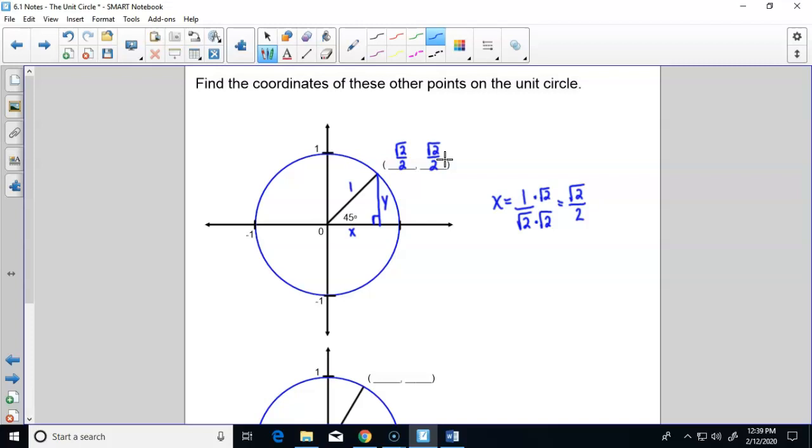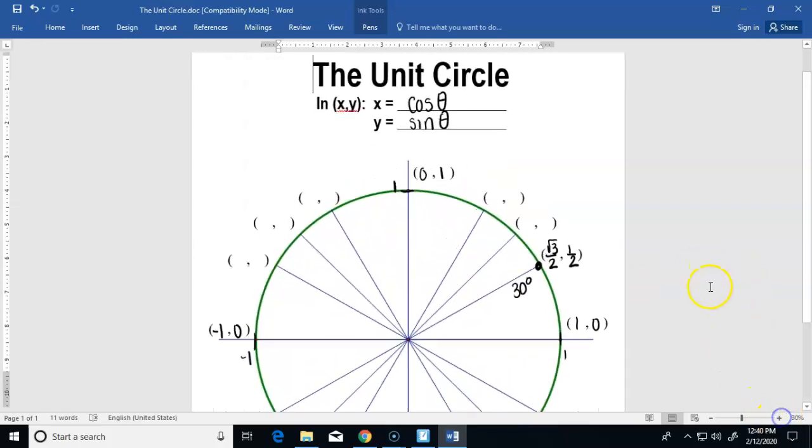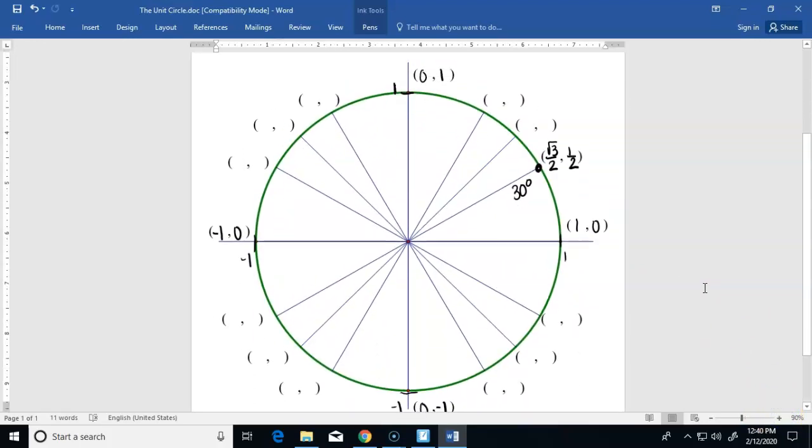So let's add this to our unit circle. On that unit circle, let's look back a little bit so I can see better. So right here, this is 45 degrees, and my x coordinate is square root of 2 over 2, and my y coordinate is square root of 2 over 2.